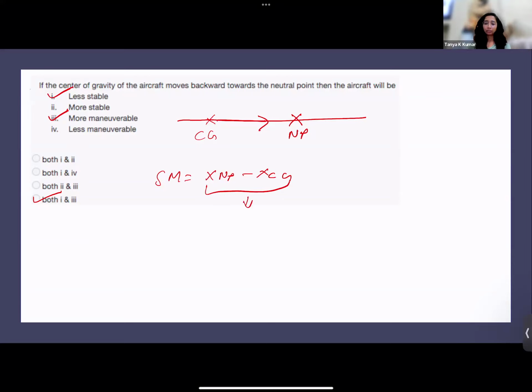When your aircraft is less stable, it is also more maneuverable, right? So it is easier to control the aircraft. It's easier to pitch up or pitch down when the aircraft is less stable. So all these go hand in hand. Less stable means more maneuverable or more controllable. More stable means less maneuverable. So 1 and 3 is the right answer.